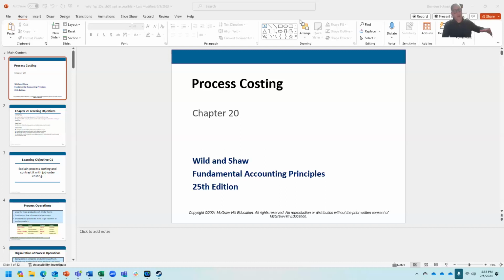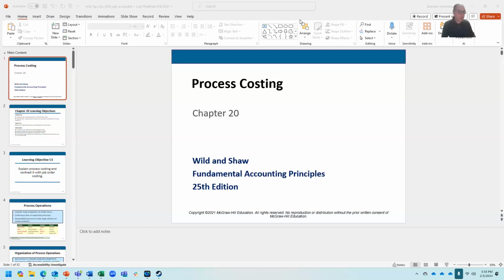In that process, we are adding in direct materials, direct labor, and factory overhead for each job, each customer order. That's job order costing.